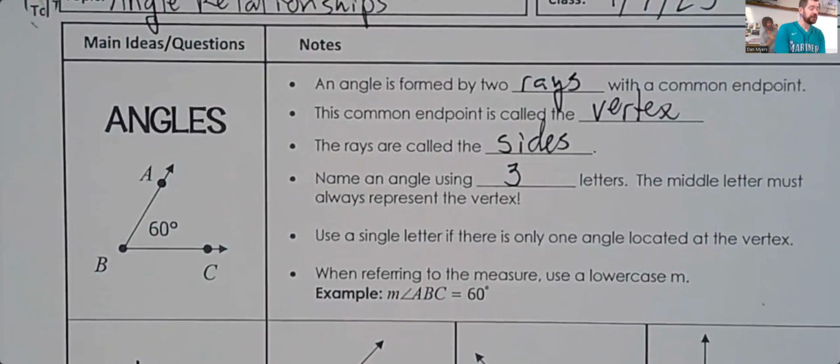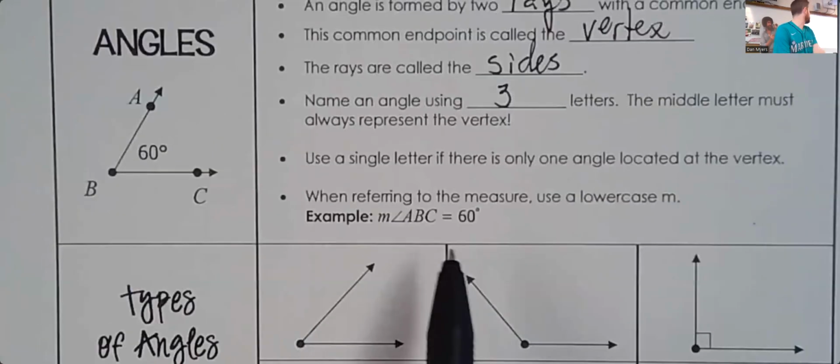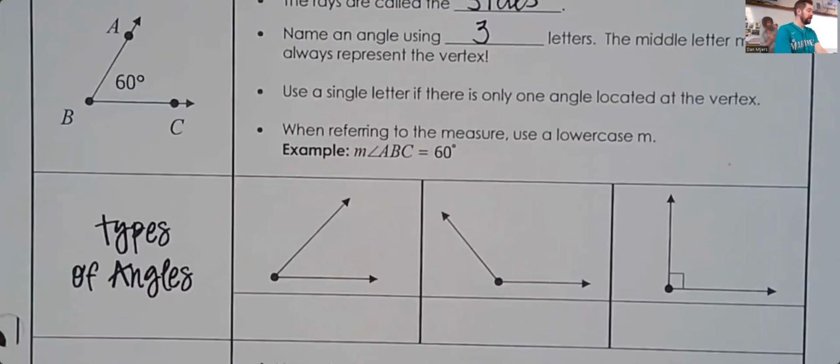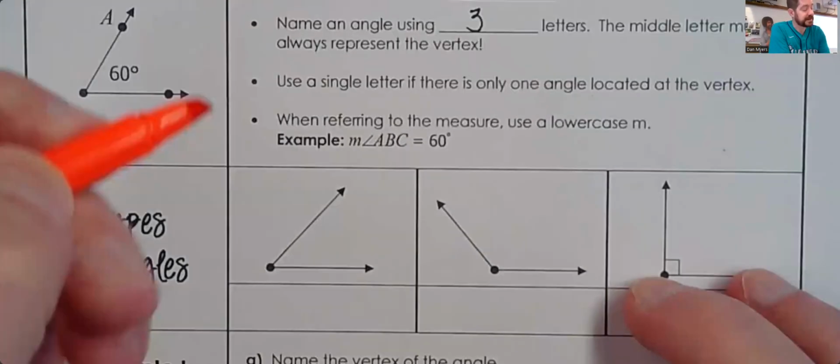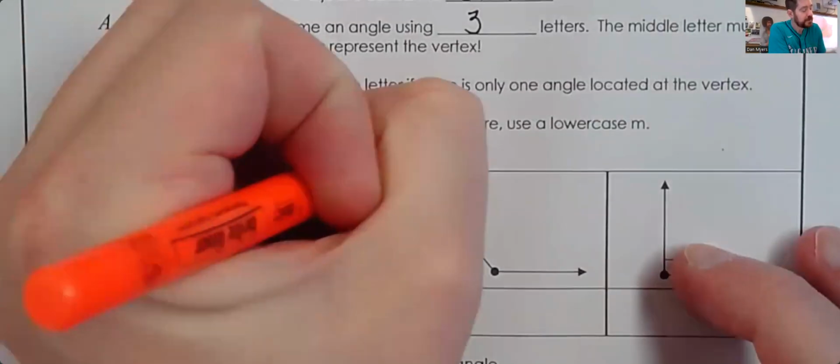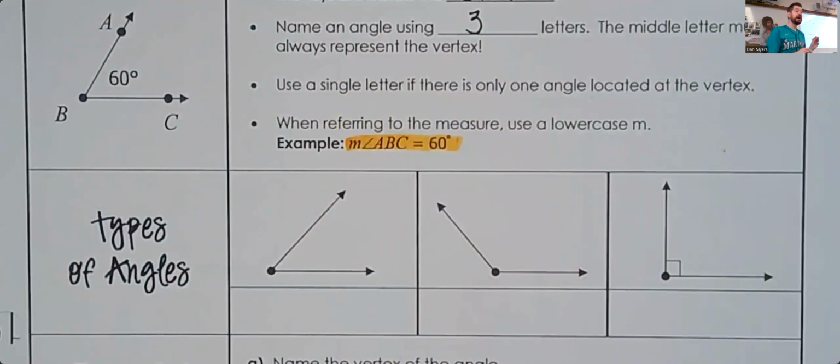All right. So when you're referring to the measure of an angle, here you go. This is something new. When you're referring to the measure of an angle, in terms of the degrees, you're going to write this. A lowercase m. What do you think m stands for? Measure, yeah.